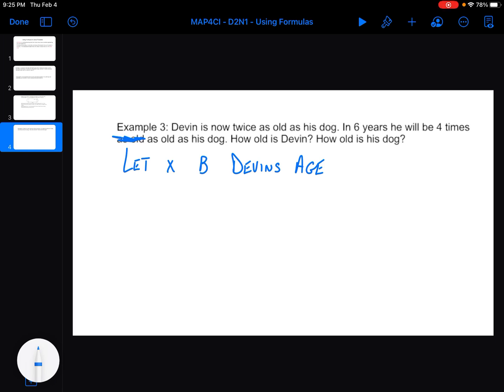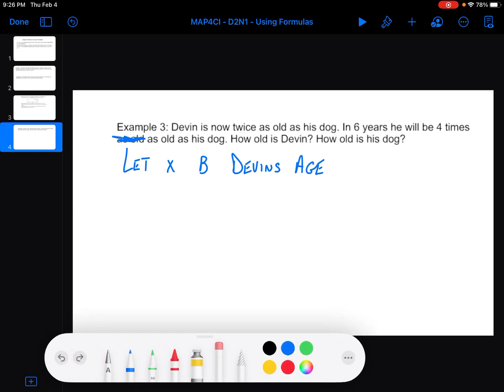So we've got Devin and his dog. And then in 6 years, Devin will be 4 times as old as his dog. Actually, let's do it like this. Let's change that to his dog's age.